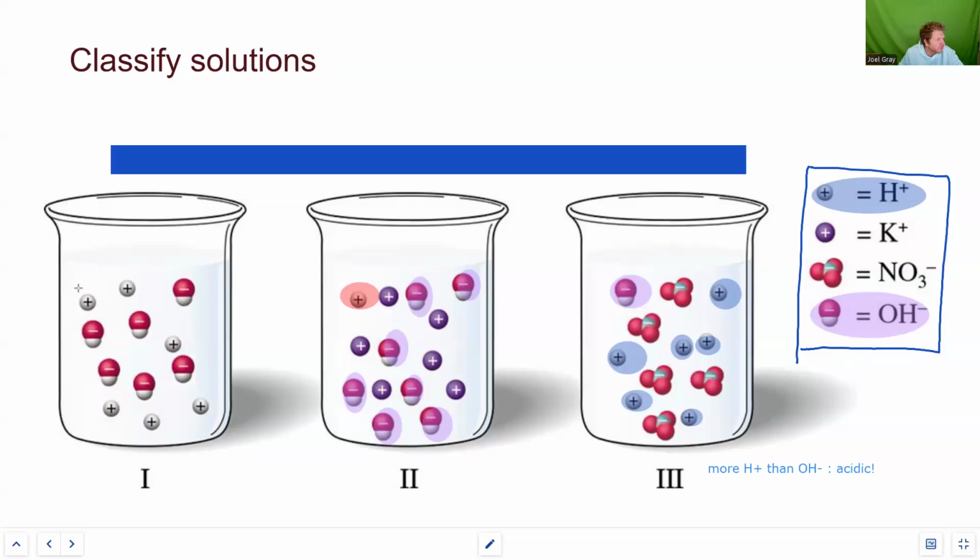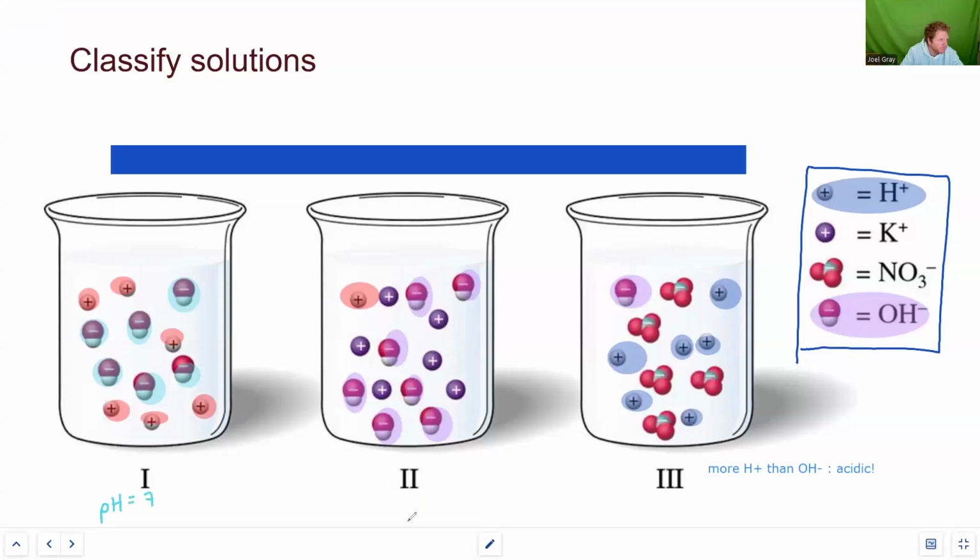And then looking at the first one, we've got 1, 2, 3, 4, 5, 6 hydrogen ions. And then I'm just going to go to this: 1, 2, 3, 4, 5, 6. We get the same number. So if we were to assign a pH to each one of these, really what we would do is say number 1 has a pH of approximately 7.